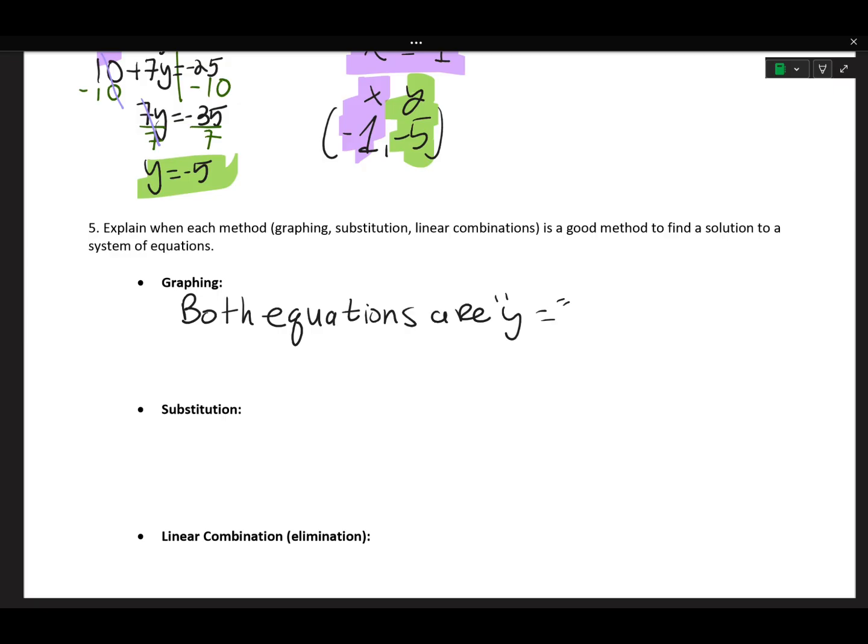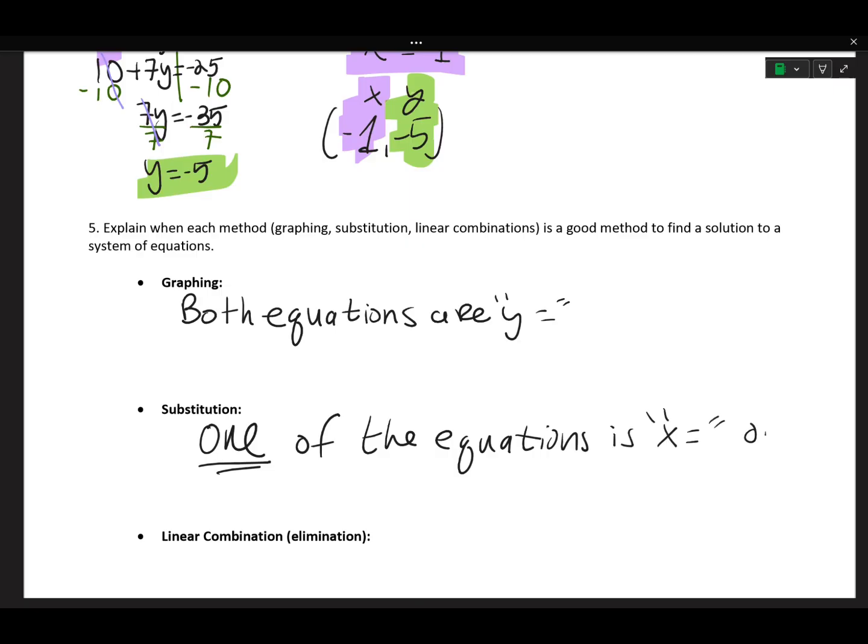Then we have our slope and we have our y-intercept. It's easy to graph and see what the solution is. Substitution is good when one of the equations is x equals or y equals.